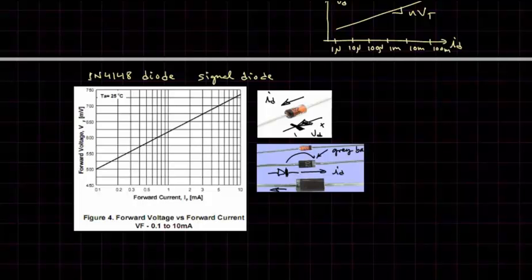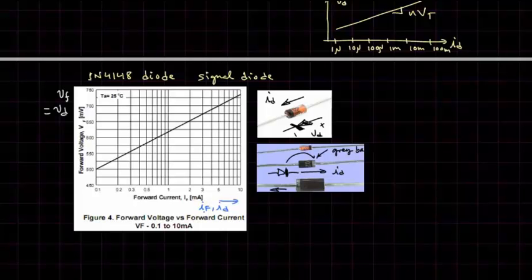Okay, so what we have here is a curve that shows the forward voltage, VF, which is what we're calling VD. Sometimes they call it VF, sometimes they call it VD, and this current here is ID, or they'll sometimes call it IF, forward current.